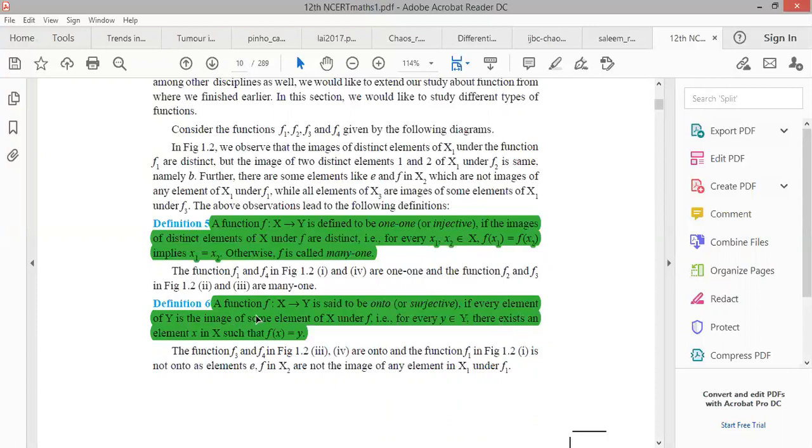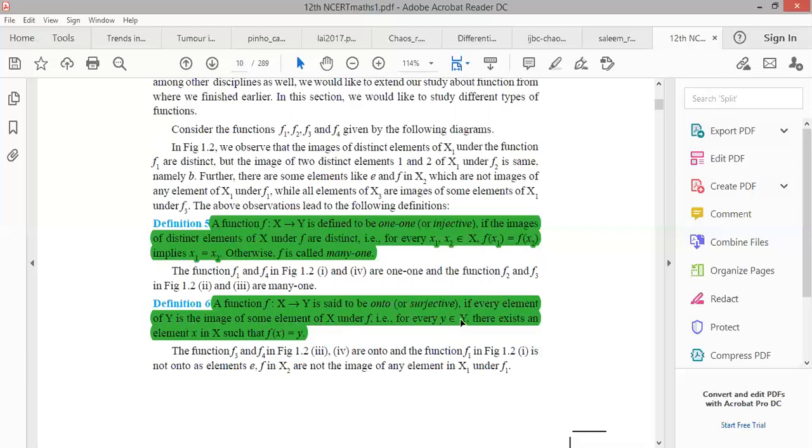Next one is onto function, or this may sometimes be called the surjective function. What is this? This is a type of function f from X to Y if every element of Y, meaning codomain, is the image of some element of X under f.